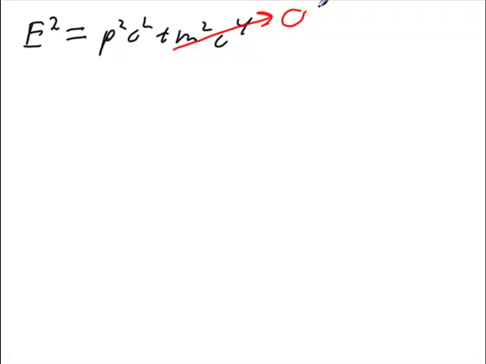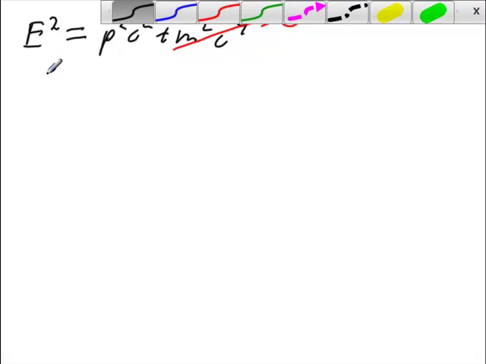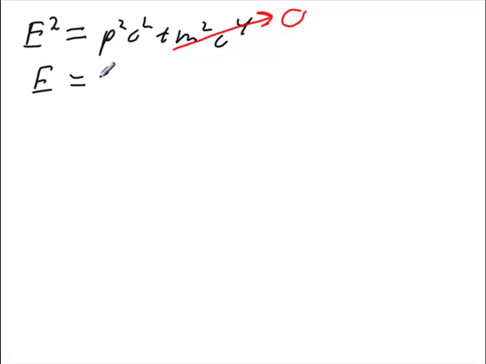How much momentum do we give it? Well, it turns out the rule is fairly simple. We know from our chapter on relativity that E squared is equal to p squared c squared plus m squared c to the fourth. If we assume photons have no mass, this term is 0, and the energy is simply equal to the momentum times the speed of light.